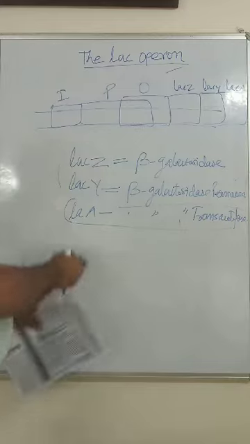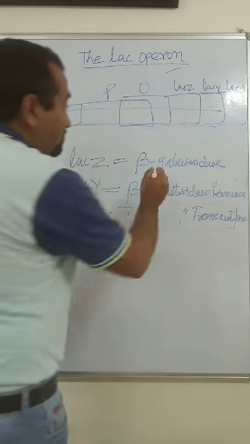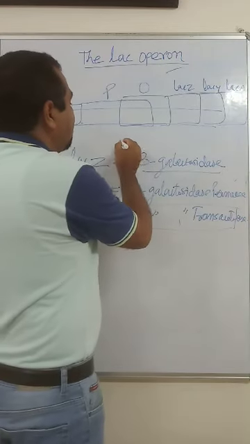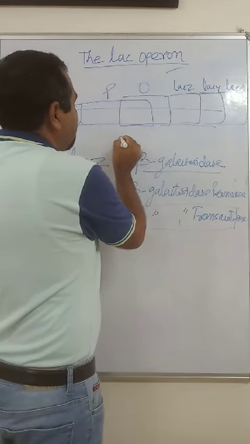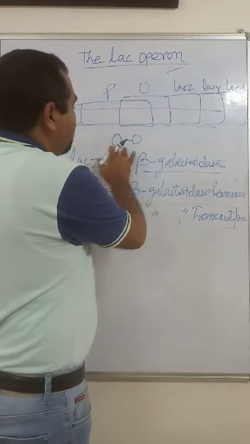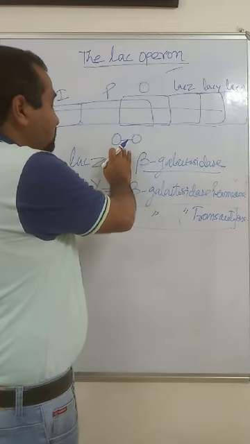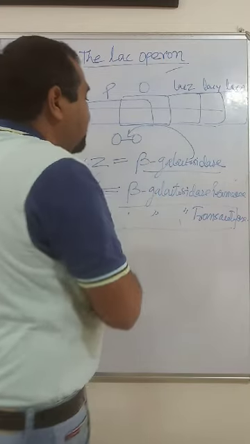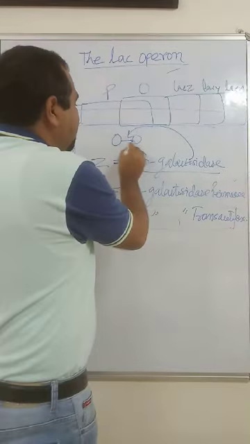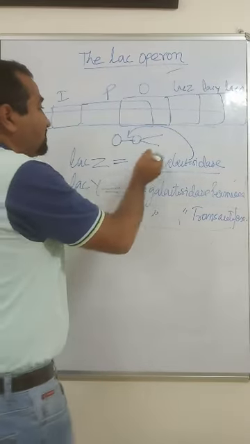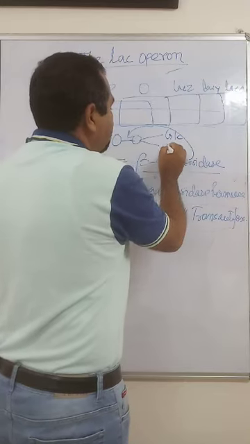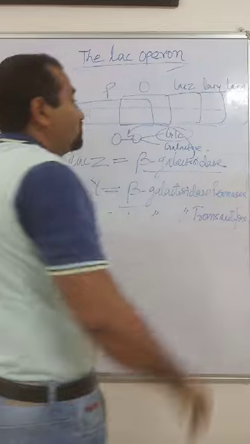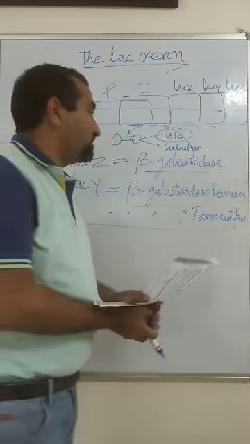So now, what is the role? What is the function of beta galactosidase? Suppose this is a lactose molecule, a disaccharide molecule. So this is the glycosidic bond, and this galactosidase breaks this bond and converts this lactose into glucose and galactose molecule, and then this glucose molecule is used in energy.